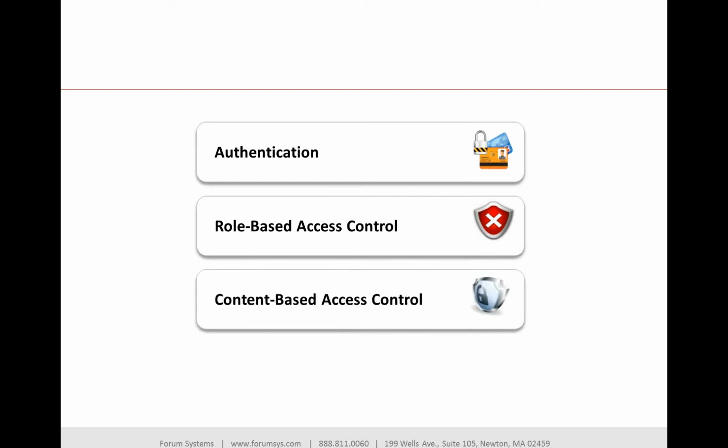Content-based access control. What is the data? What is inside the payload? The information that the user is trying to retrieve or the system is trying to retrieve or send in is an important part of access control because it is, in conjunction with the role, often defined as to what can be retrieved or consumed.